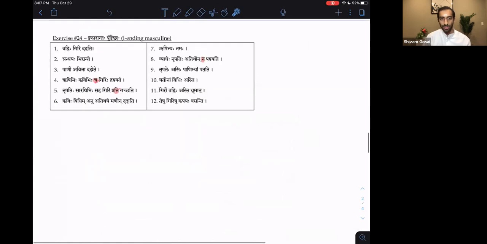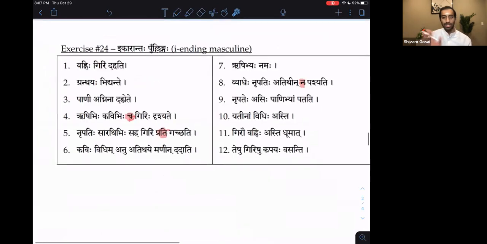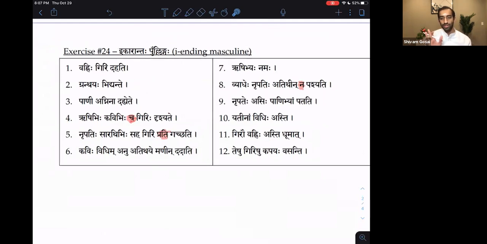If you don't have the workbook or you have more time, one good practice would be to look at exercise 24 and not to parse the sentence, but only to write what cases the i-ending words are.